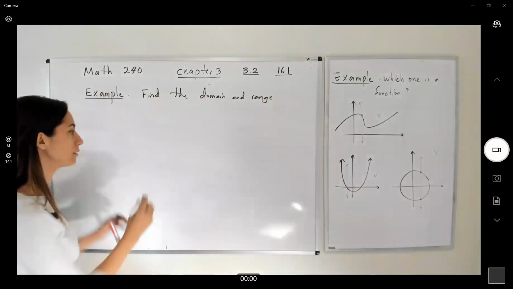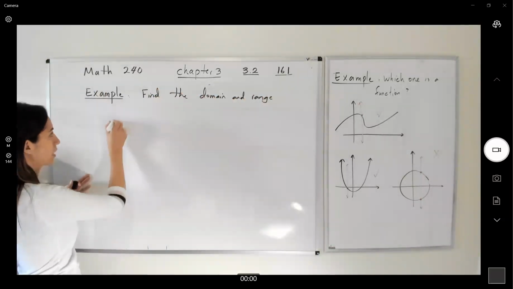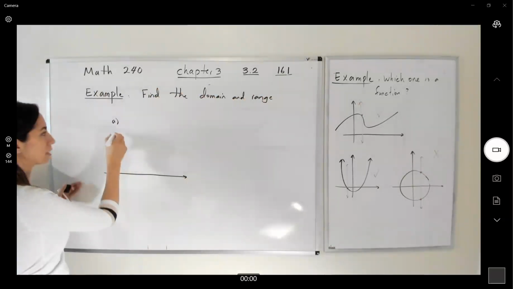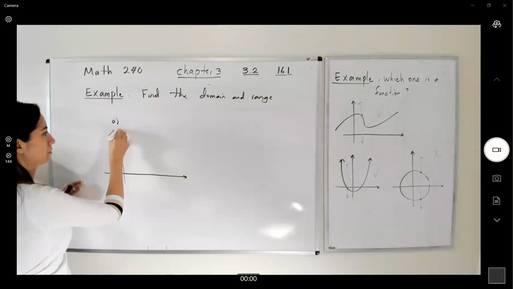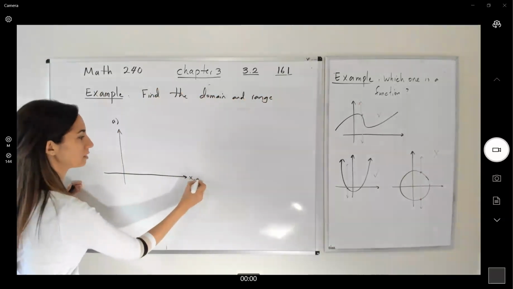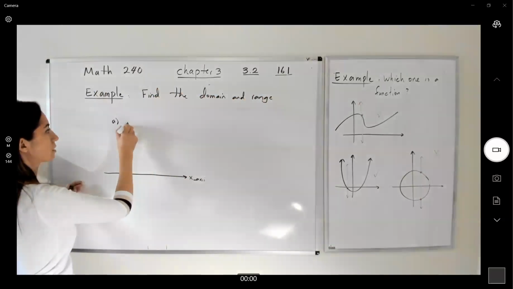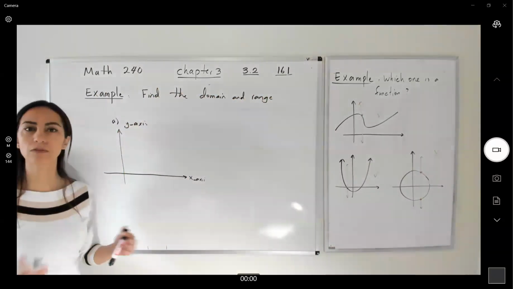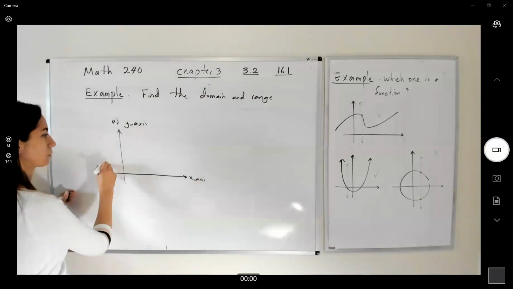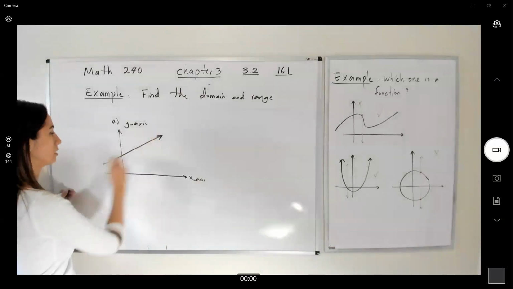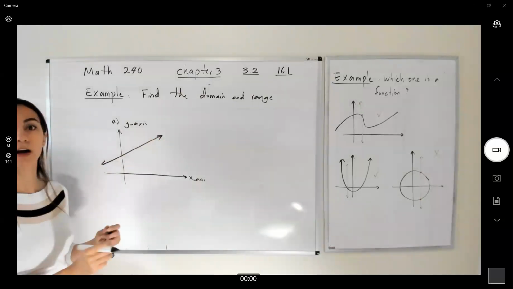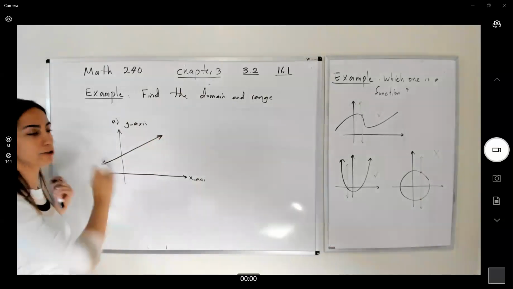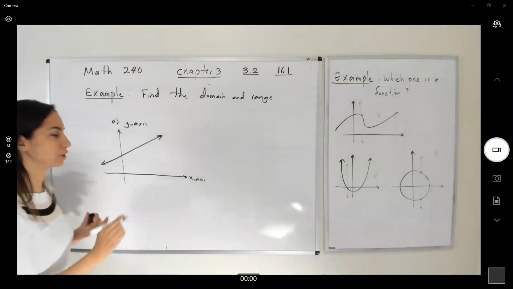So what's given in this case, part A, you have a linear function. This is your x-axis, and this is your y-axis, and the graph is given this way. This is a linear graph. It continues both sides, from left, from right.